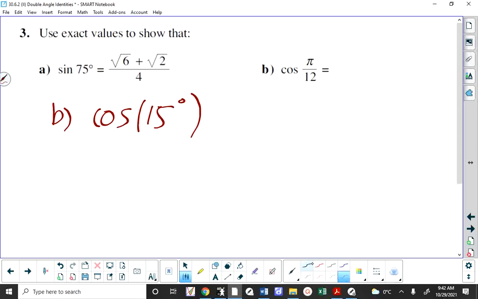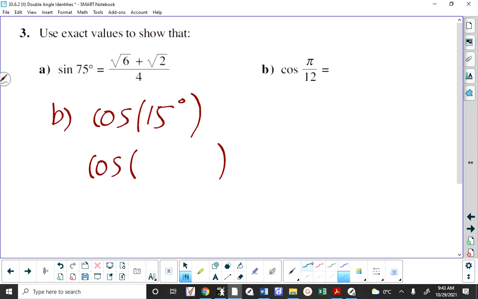I have to rewrite this as a sum or difference of two angles from the unit circle that I'm familiar with the coordinates of. Now 15 degrees is on the unit circle, but we don't know the x and the y coordinates, so it's kind of a waste of time.